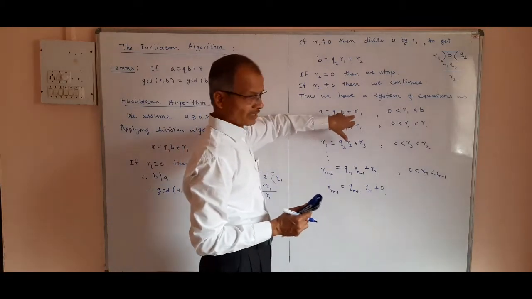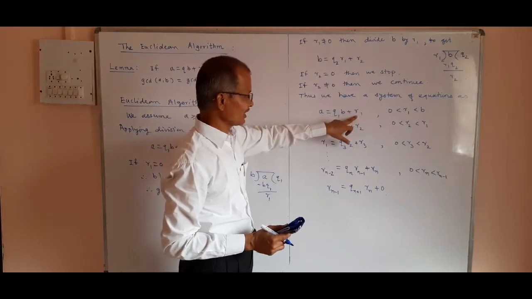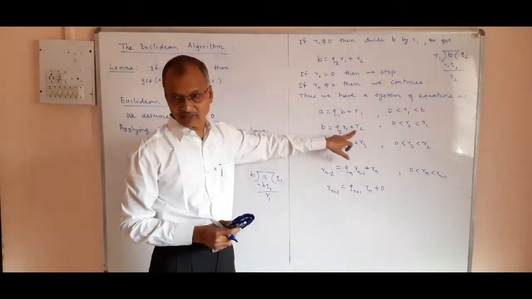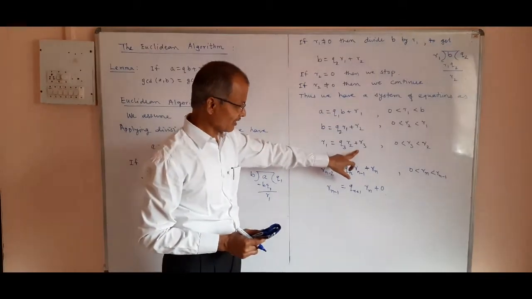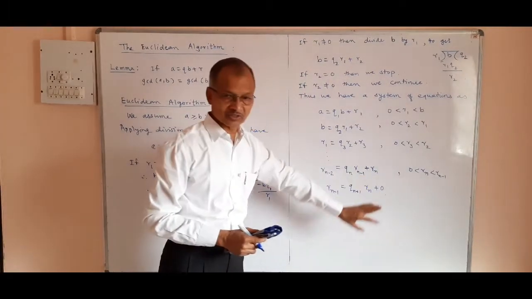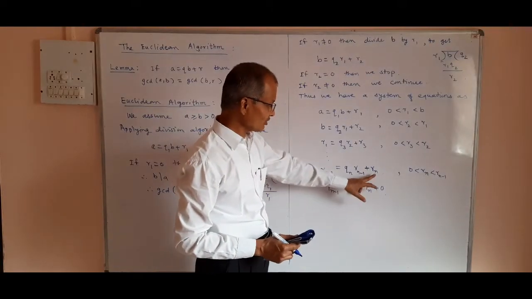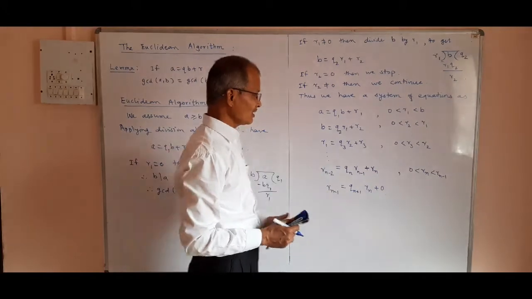Now what are the remainders in this division process? In the first division, R1 is the remainder. In the second division, R2 is the remainder. In the third division, R3 is the remainder. In the last but one division, Rn is the remainder. And for the last division, 0 is the remainder. So the last non-zero remainder is Rn, and that is the GCD.